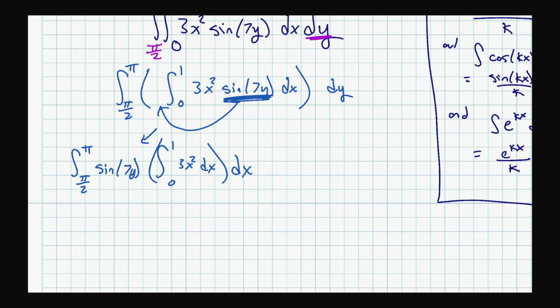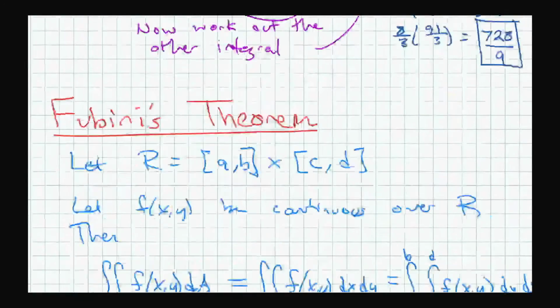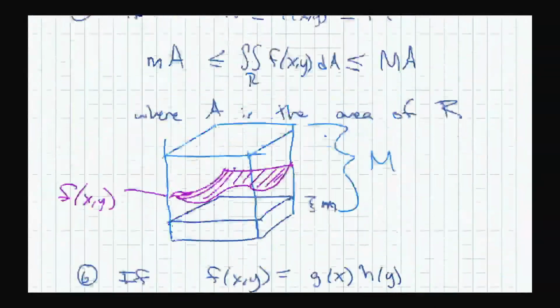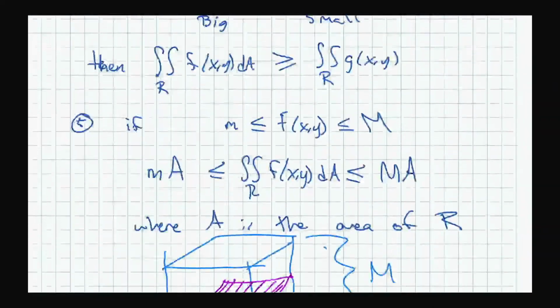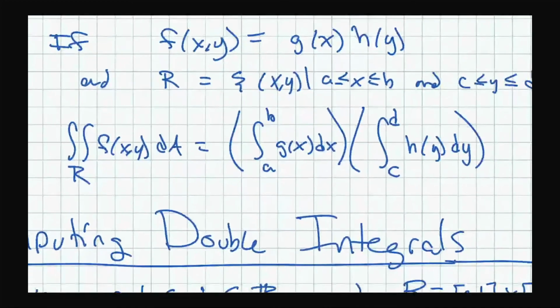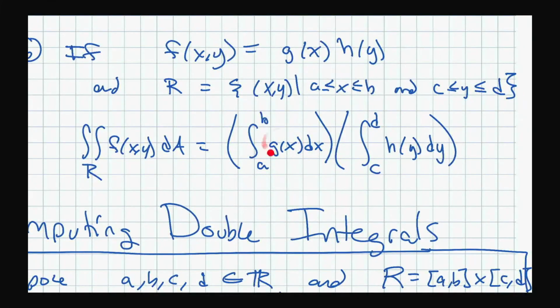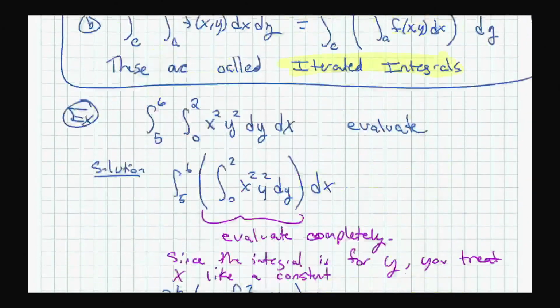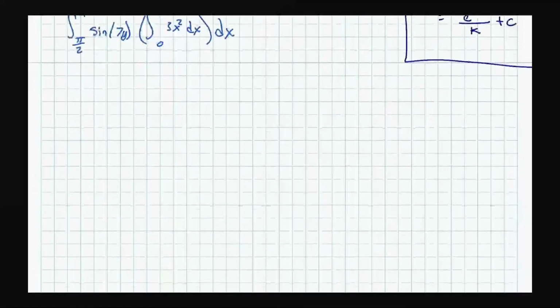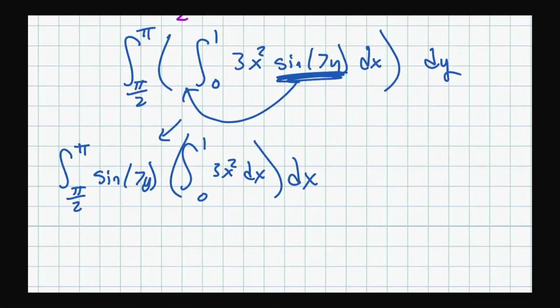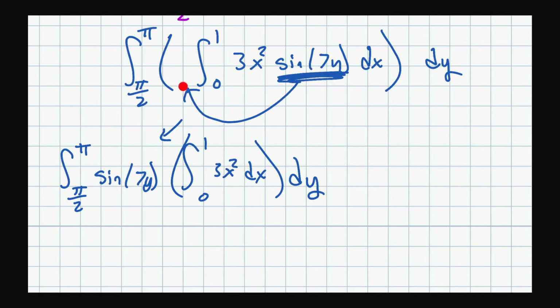You could even use that sixth property from our list of properties, where you could separate it out and do two completely separate integrals, because once you take the sine and move it out, you can move the dy over there, and then this integral and this integral are completely separate.